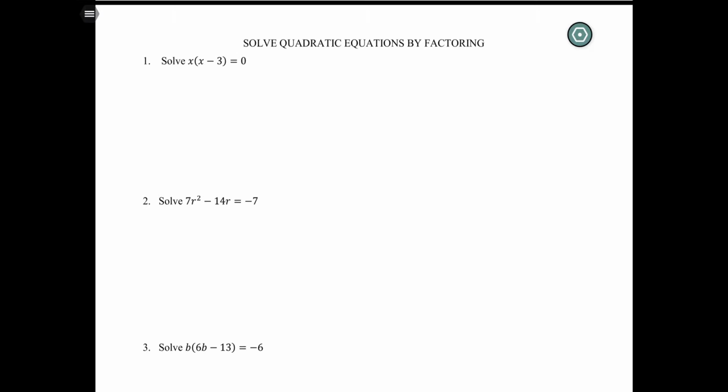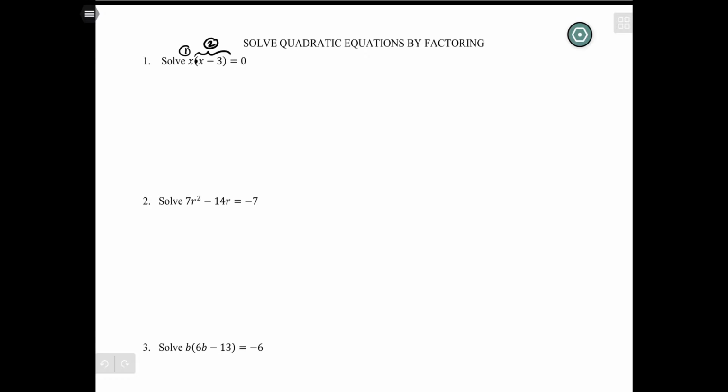So I started off with one that's actually already set up for the zero product property. This is a product, right? I'm multiplying x by x minus 3 and I'm getting 0. The only way that could possibly happen is if either factor 1, x, or factor 2, x minus 3, are 0.